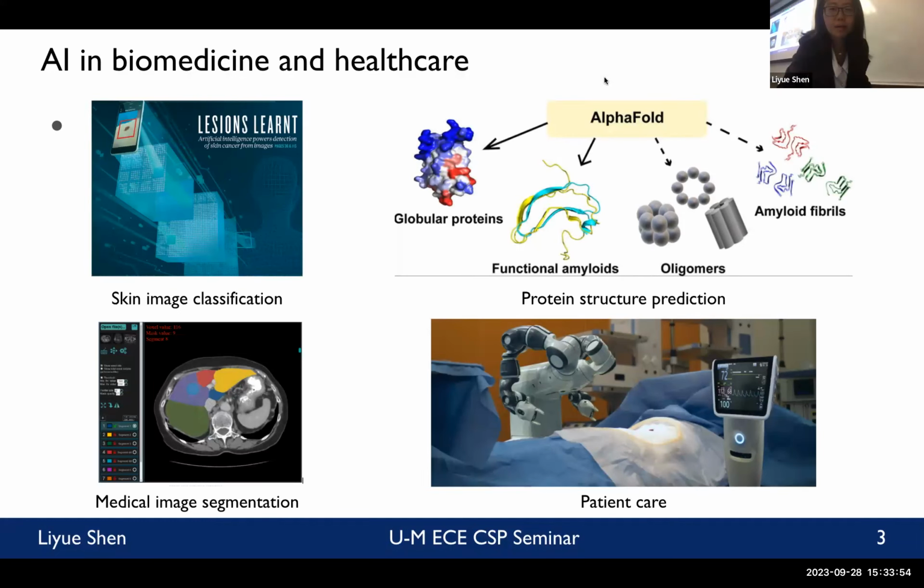Back in 2016, people first trained deep learning models on large-scale skin images for classification tasks. We have also seen how AlphaFold has been so useful for predicting protein structures, and also segmentation and patient healthcare. All of these exciting things are happening in the interdisciplinary field between AI, machine learning, and biomedicine and healthcare.